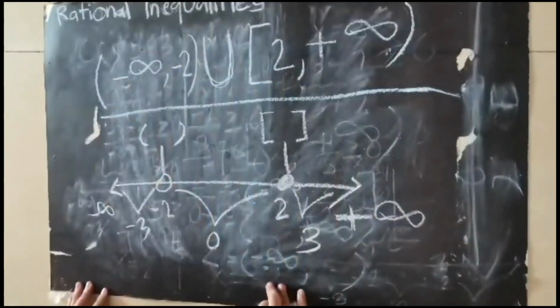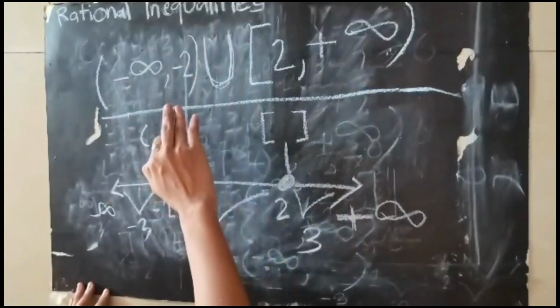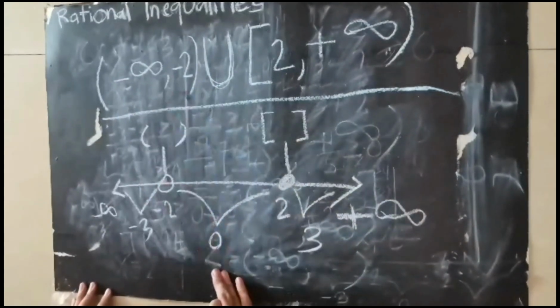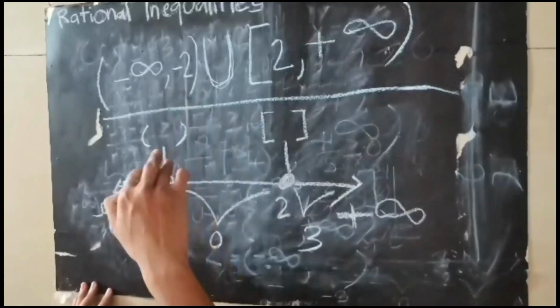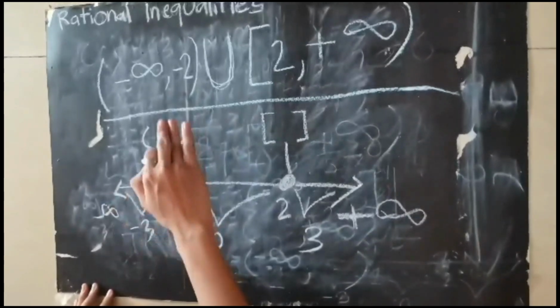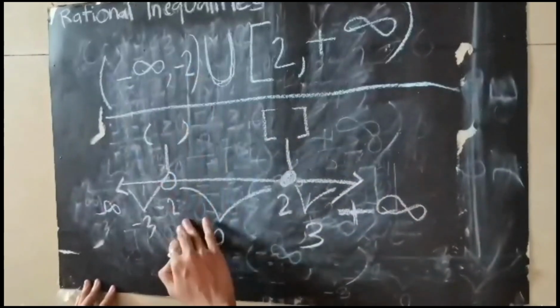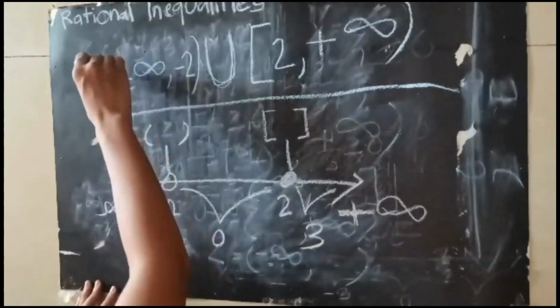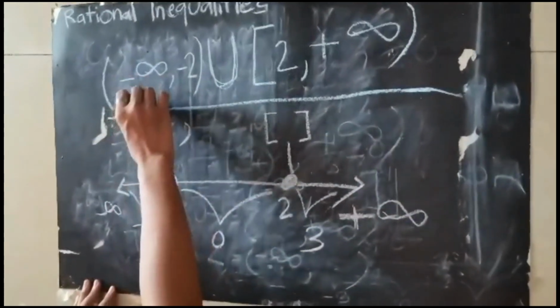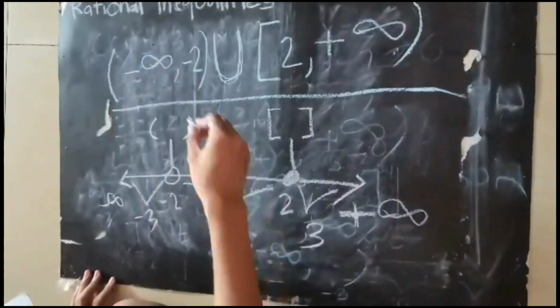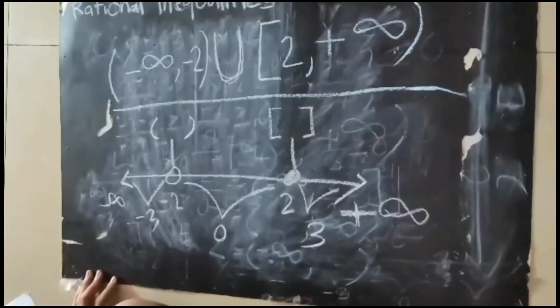Now, for writing our solution, to unify these answers, our general form is negative 2. Since our number is negative 2, we use a parenthesis as I said. Putting that: open parenthesis, then negative infinity, comma, negative 2, then close parenthesis.